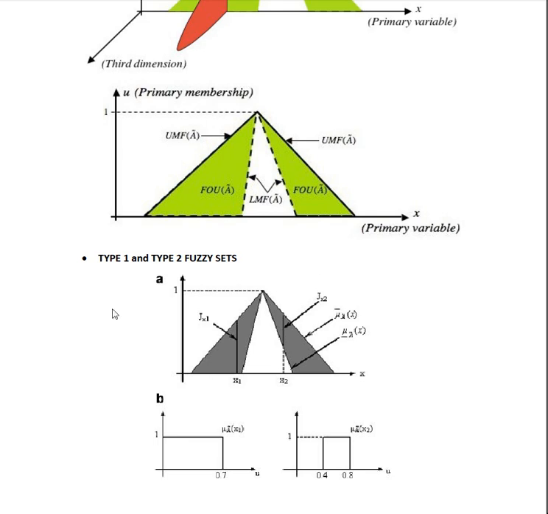Before I conclude, the work on the type 2 fuzzy set took a drastic pace, or momentum, increase from 1975. Even during the 1980s and the 1990s, several articles were published in that period, and Zadeh even proposed the type 2 fuzzy set in 1976 itself.